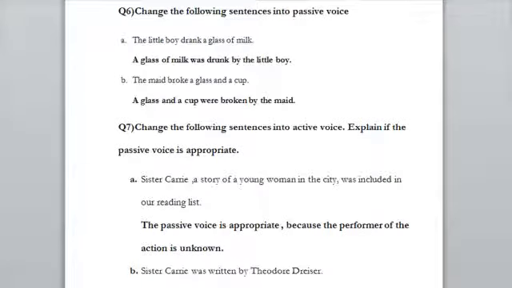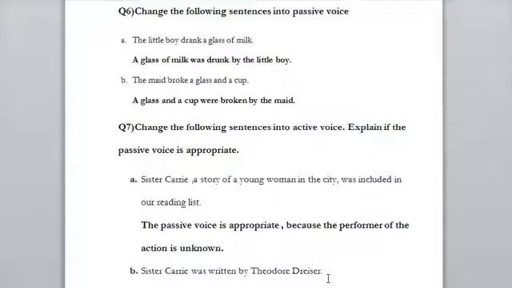Here, second one, Sister Carrie was written by Theodore Dreiser. The performer here is mentioned. Whenever you have "by," you'll know that the performer or the subject of the active voice is mentioned. So the performer here, Theodore Dreiser, is mentioned.